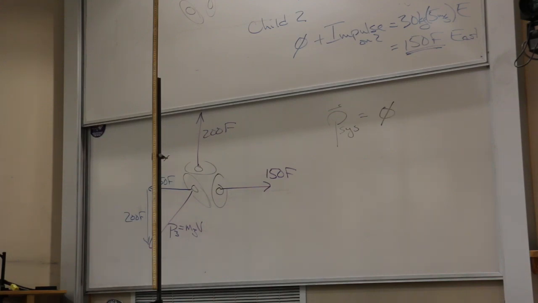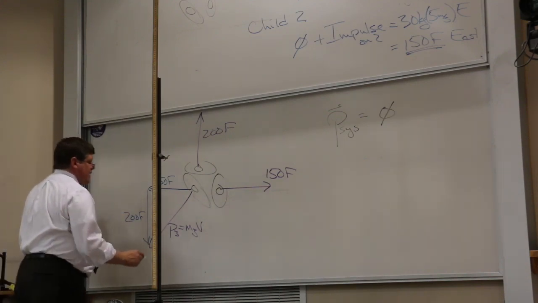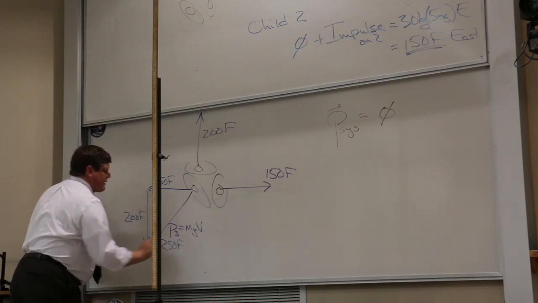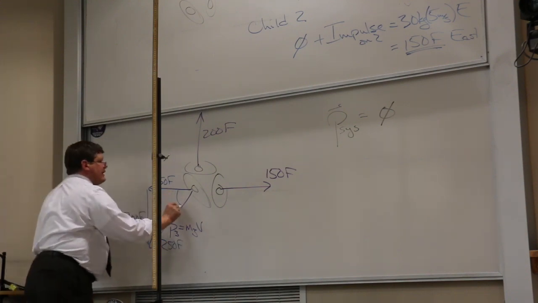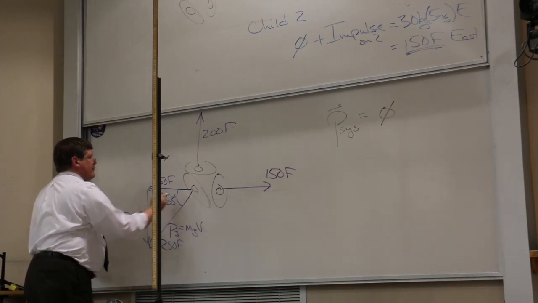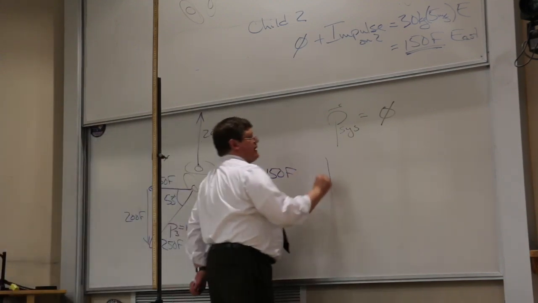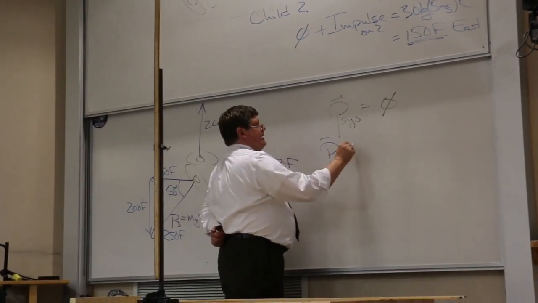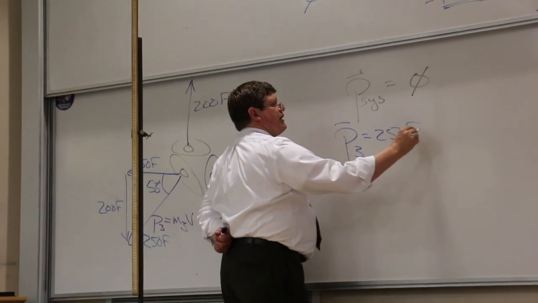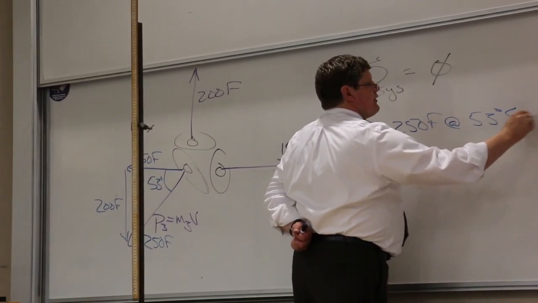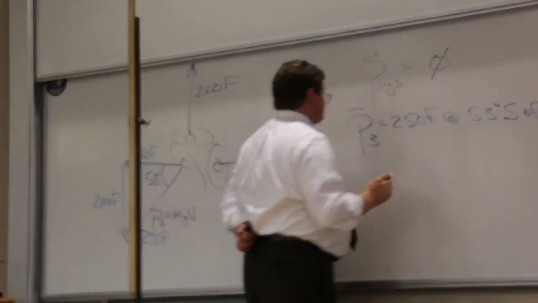Now, I recognize this is a 3, 4, 5 triangle, so that makes this 250 franci, and it makes this 53 degrees. And so I would say that the momentum of child 3 is 250 franci at 53 degrees south of west.